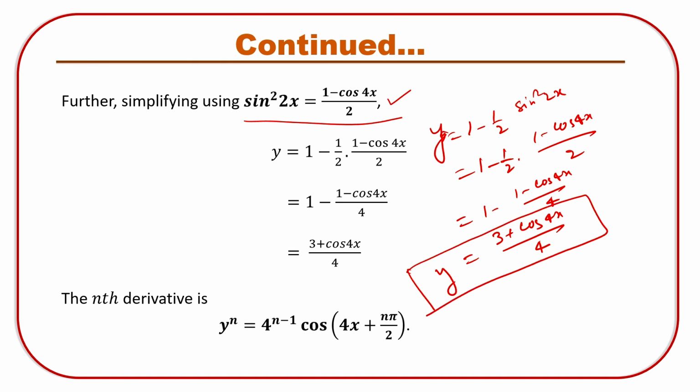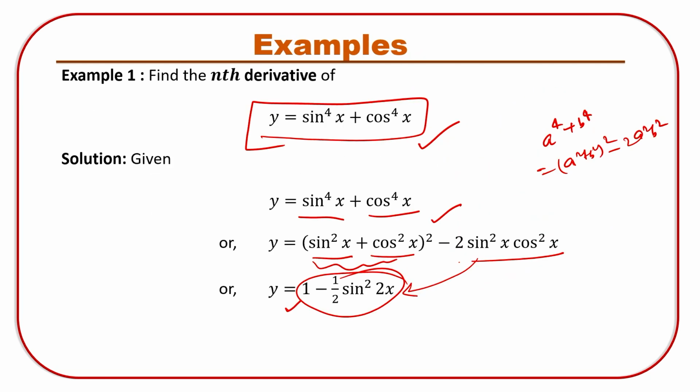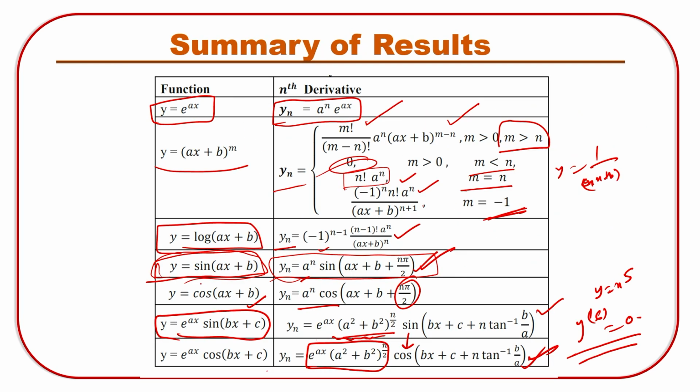So we can find the answer because we now have this result: if y equal to cos(ax plus b), then yn is equal to a^n cos(ax plus b plus n pi by 2).